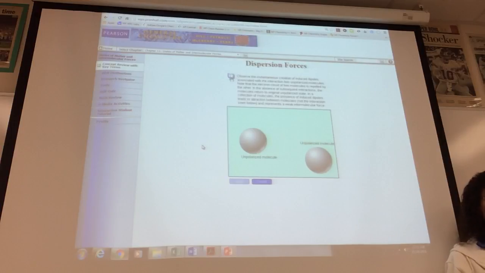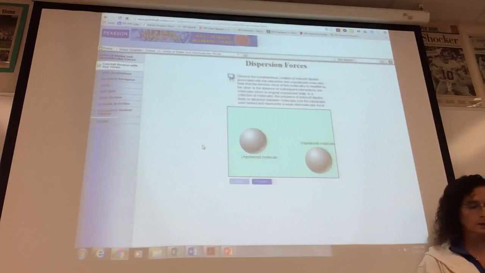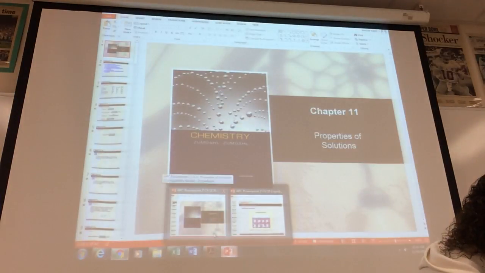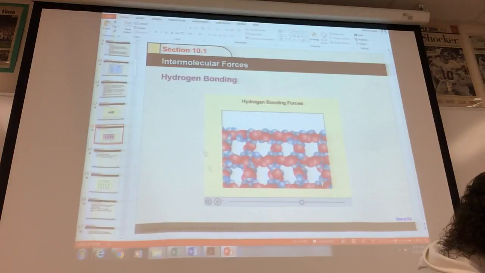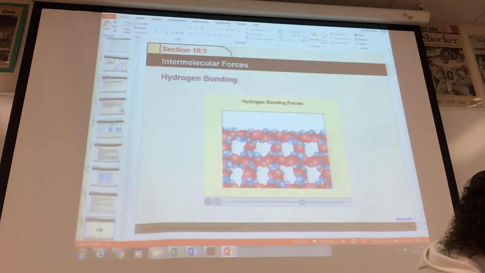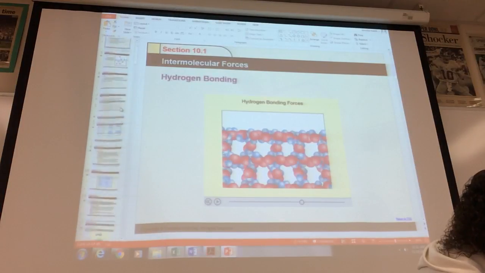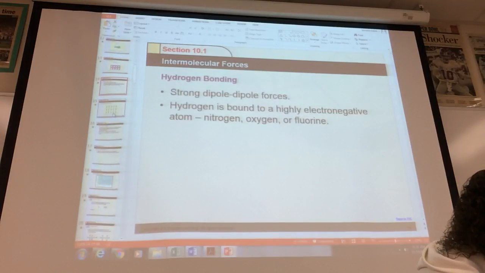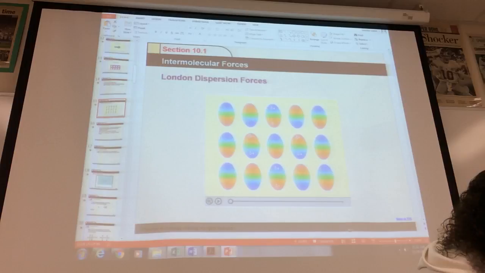They don't last long, and they're only there when the molecules are very close to one another, but an intermolecular force can form. And the only type of intermolecular force that nonpolar covalent molecules can have is a London dispersion force. And that's what we're going to look at here.